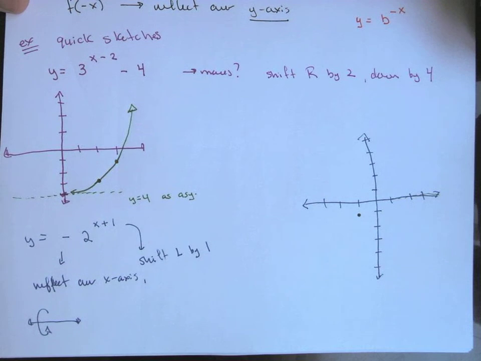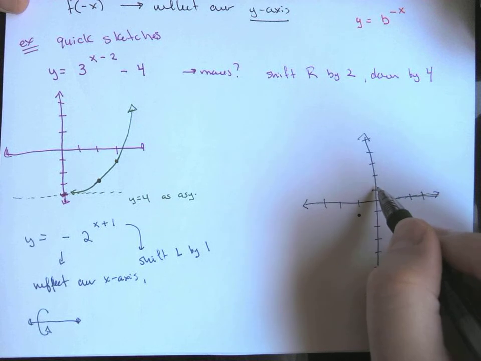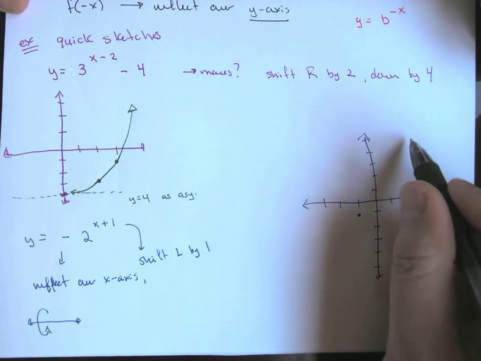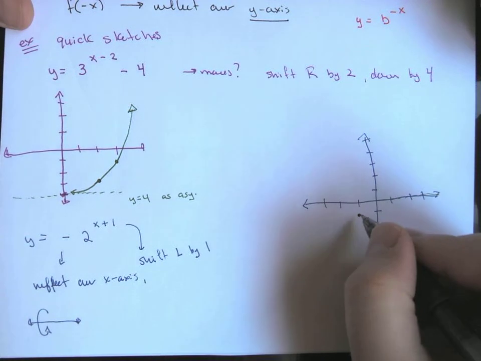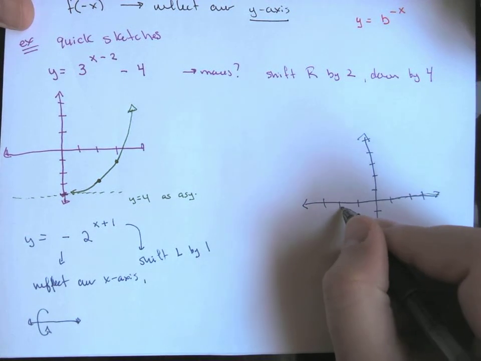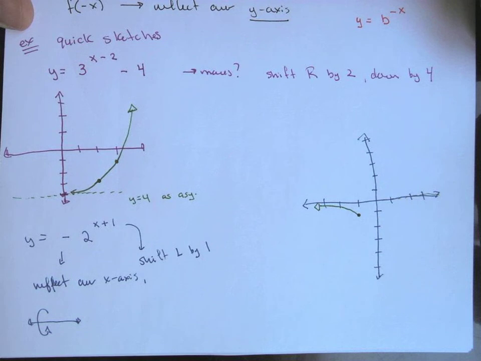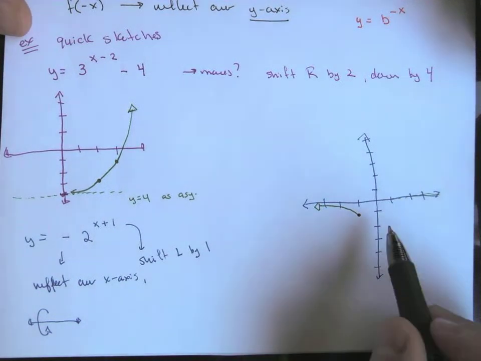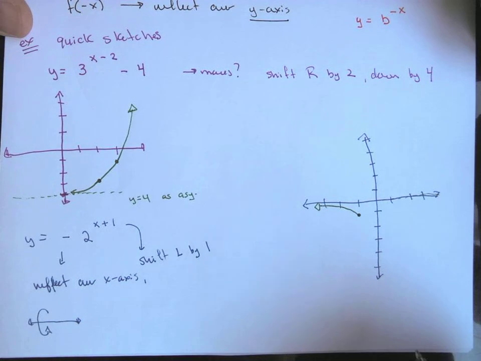So in theory, normally my graph is coming down to the left, up and to the right. If I flip it top to bottom, I'm going to be coming up towards 0. And then my exponential growth is now flipped. Instead of going up and to the right, it's going down and to the right.